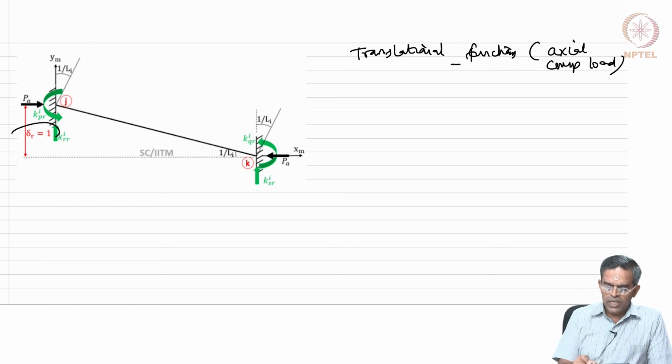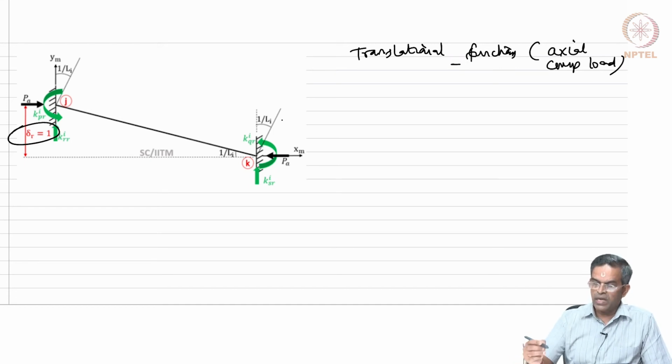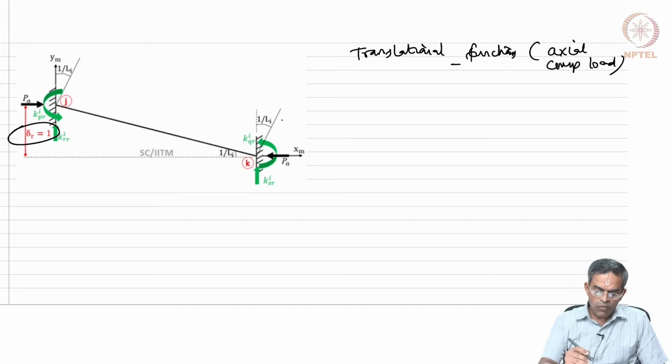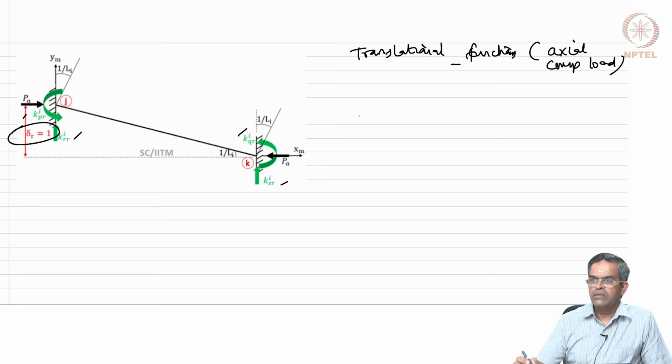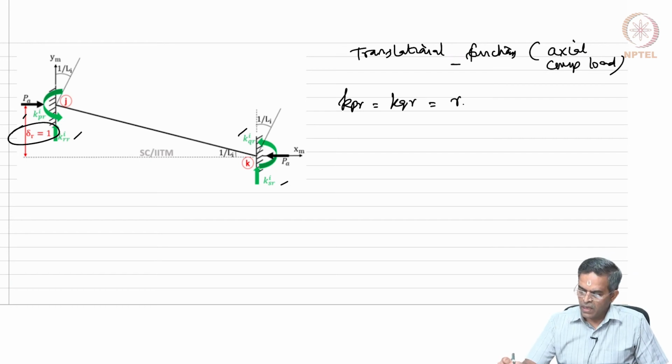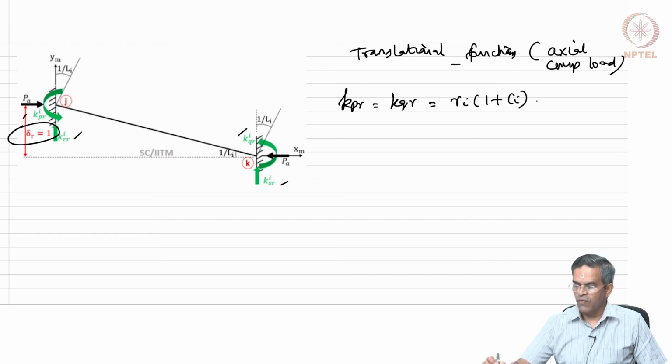So, we gave unit displacement at R. We also did the same way in S as well, and these forces generated KPR, KQR, KRR and KSR were determined for this free body diagram, isn't it? We found that KPR is same as KQR, which is same as Ri into 1 plus Ci of EI by LI square.